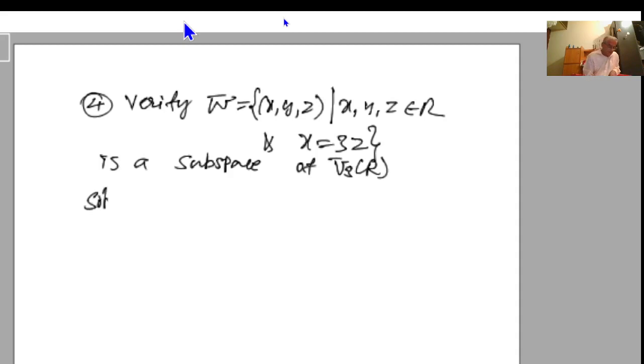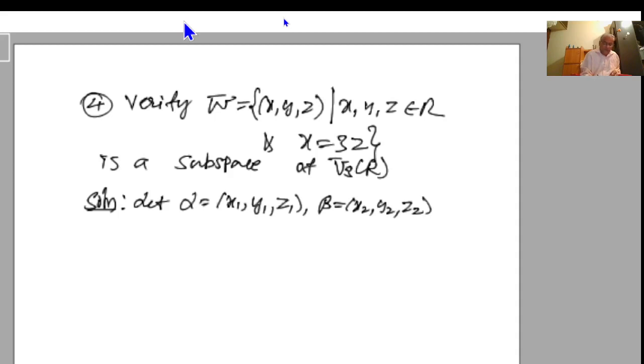Now again I will take alpha, beta belongs to W. I will show that alpha plus beta belongs to W. And next C belongs to R, alpha belongs to W. We show that C into alpha also belongs to W. So here let alpha equal x1, y1, z1, beta equal x2, y2, z2 belongs to W. What does this imply?